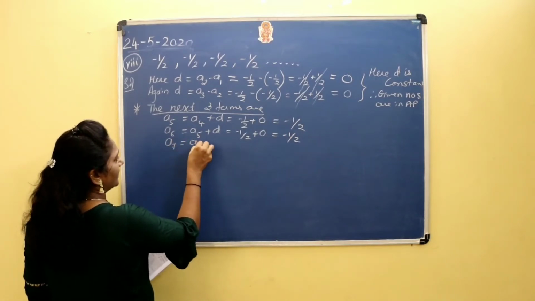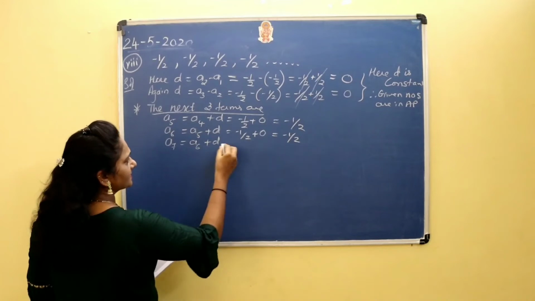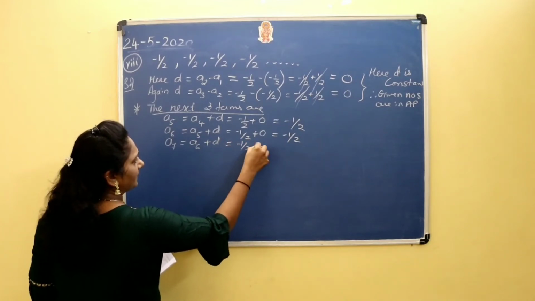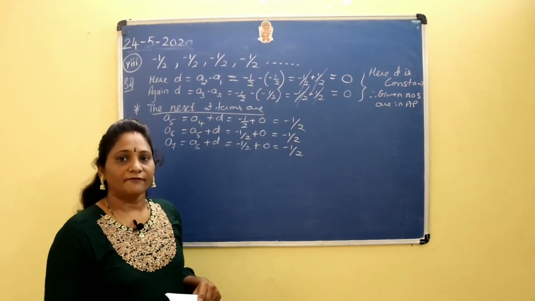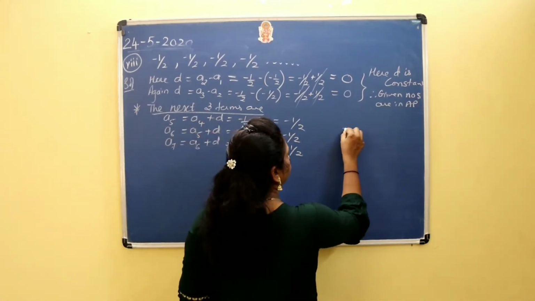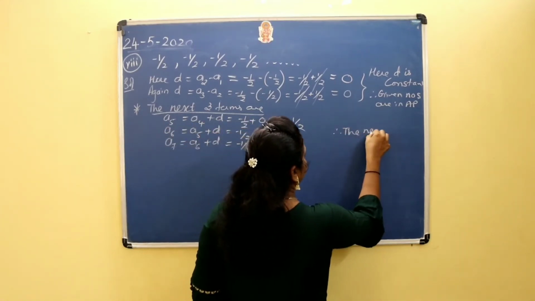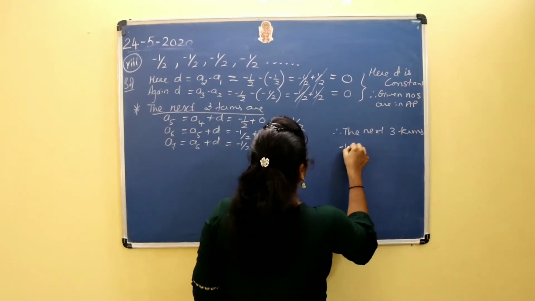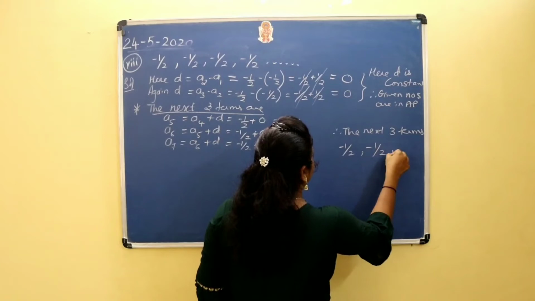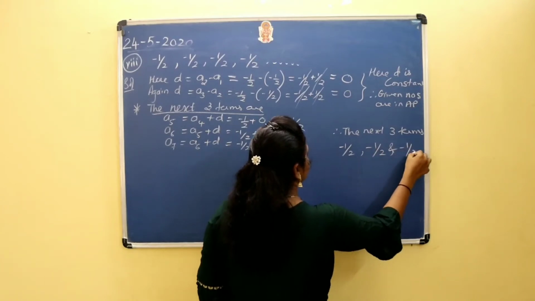A7 is A6 plus D. You have A6 as minus 1 by 2, plus 0 will give you minus 1 by 2. Therefore, the next three terms of the AP are minus 1 by 2, minus 1 by 2 and minus 1 by 2.